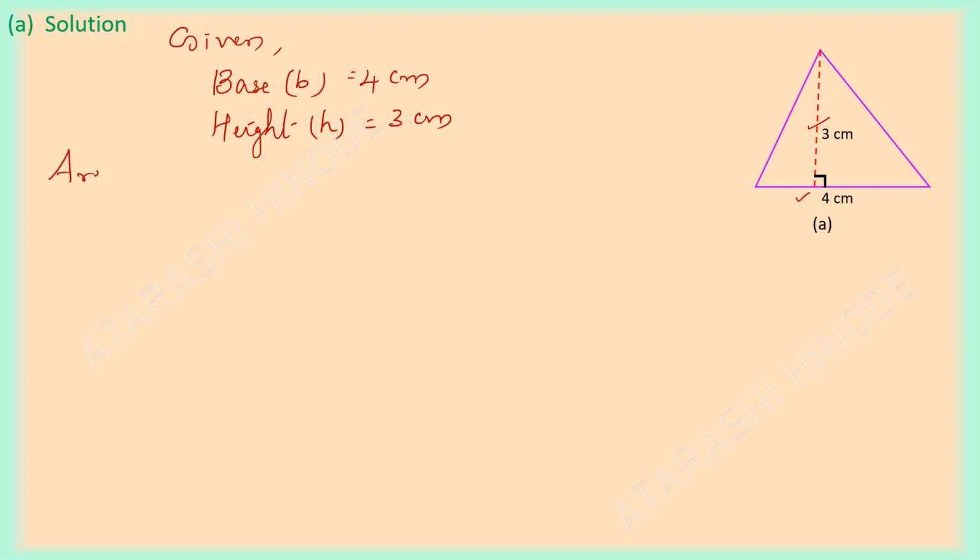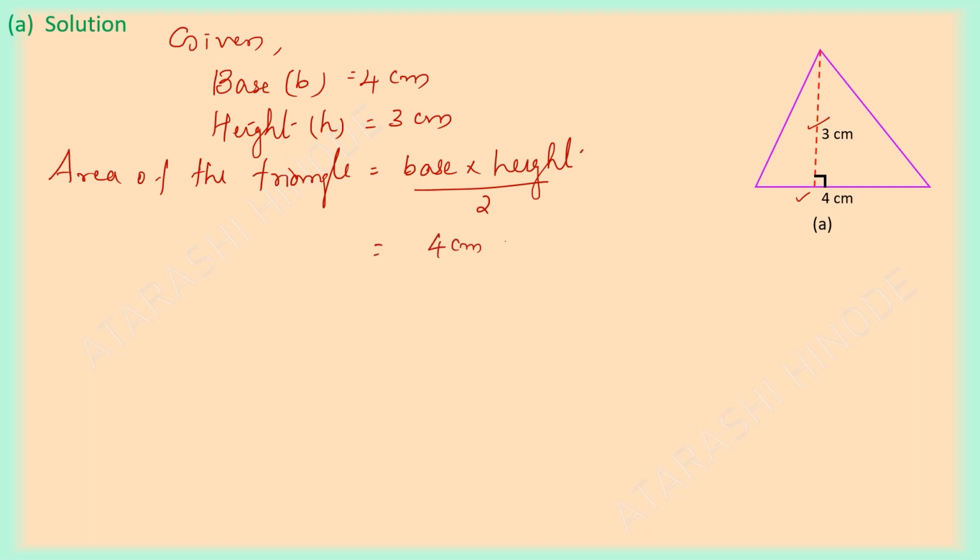So area of the triangle equal to, formula is base into height divided by 2. That is equal to base is 4 centimeter into height is 3 centimeter divided by 2.